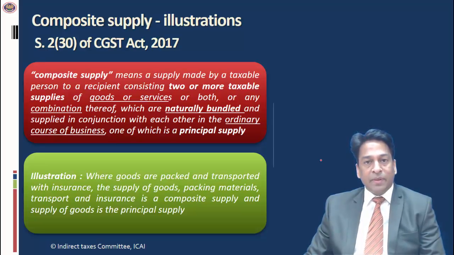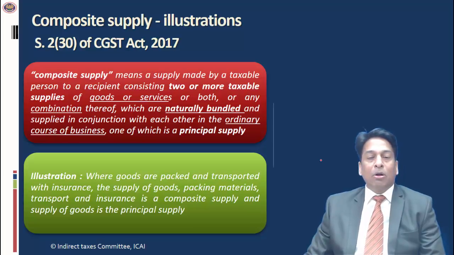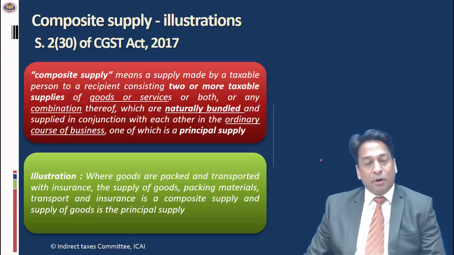As per this definition, transportation and insurance would be incidental and ancillary to the supply of goods, and the principal supply would be the supply of goods. Then the whole composite supply would be taxable as a supply of goods.